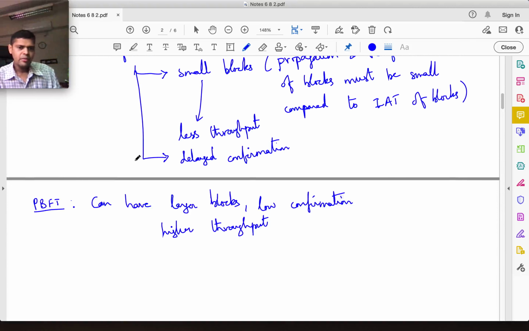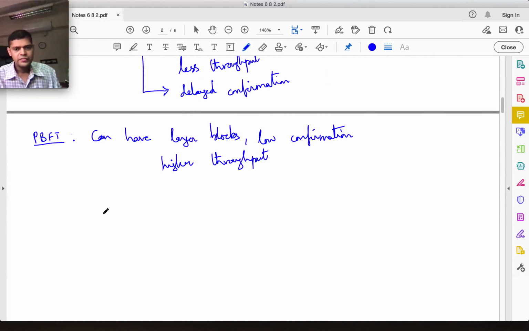But several people are wondering, can you use something like PBFT in a permissionless system? Because if you can do that, then maybe you can improve the performance directly.